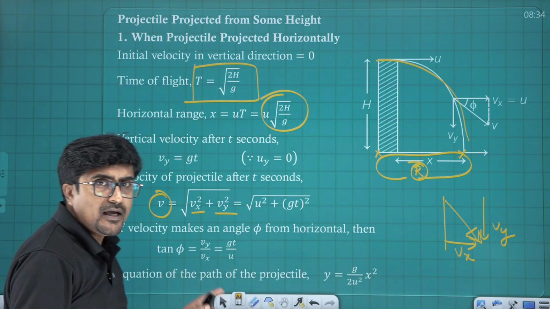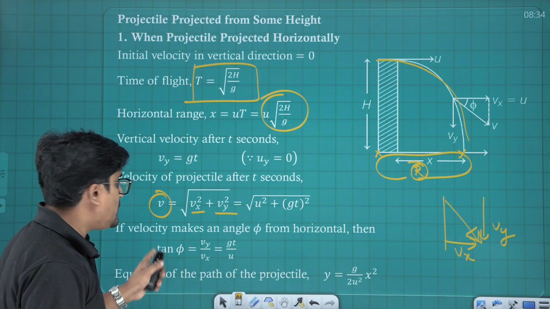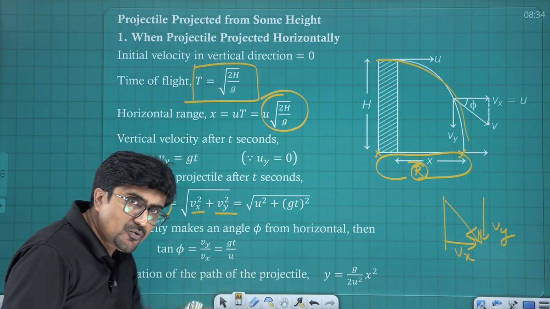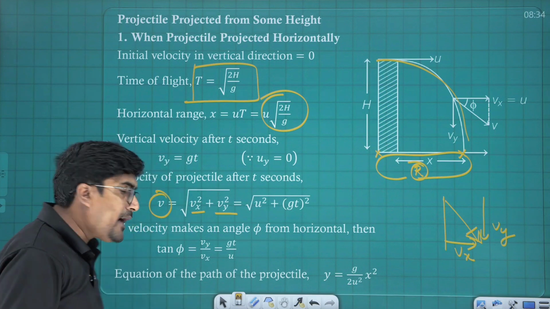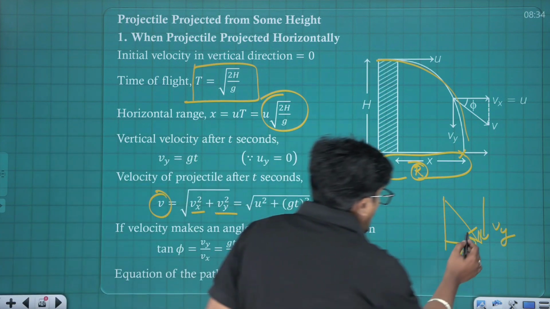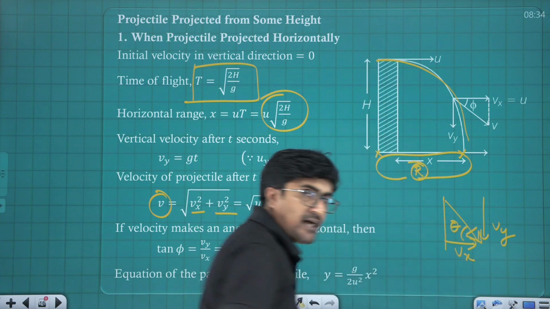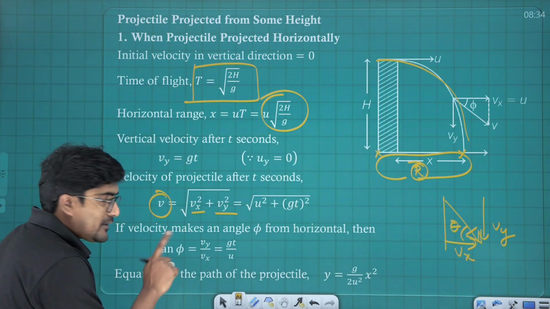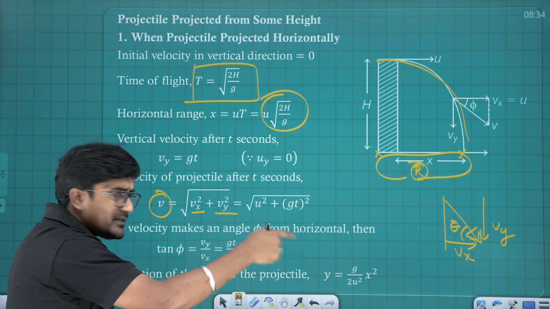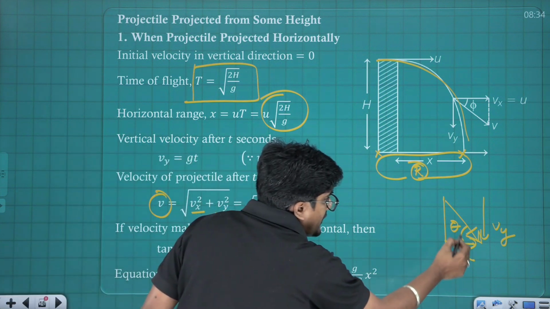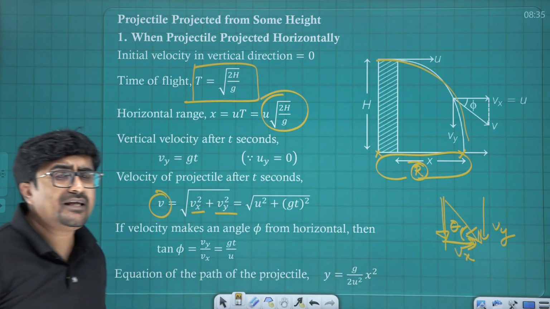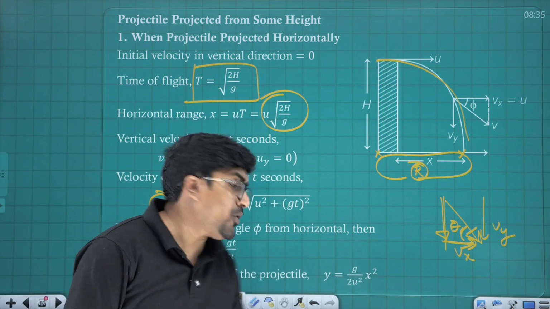So under root of vx square plus vy square is going to be the magnitude of the velocity by which it lands onto the ground. And if you want to find out at what angle it lands onto the ground, I mean this particular angle theta, then tan of theta is going to be vy upon vx, or theta is going to be tan inverse of vy upon vx.